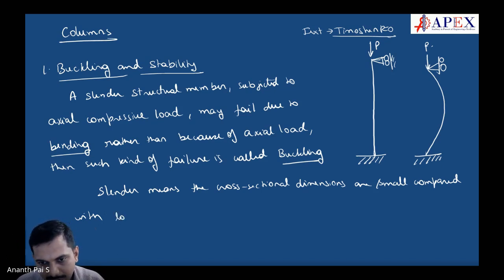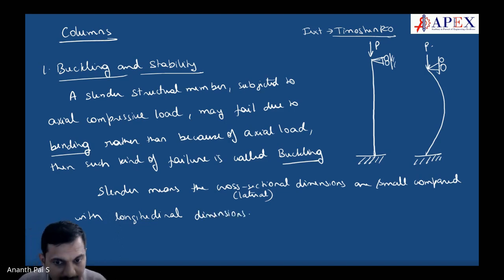Cross sectional dimensions or lateral dimensions are small compared with longitudinal dimensions. Now, what is slender, how much it should be, and all those things varies from one case to the other.